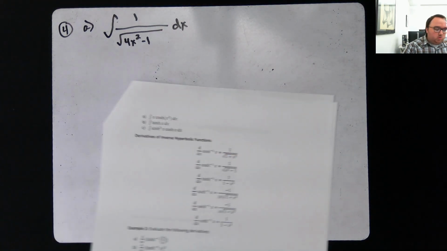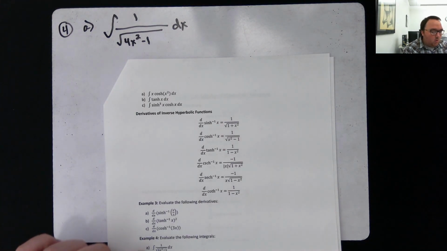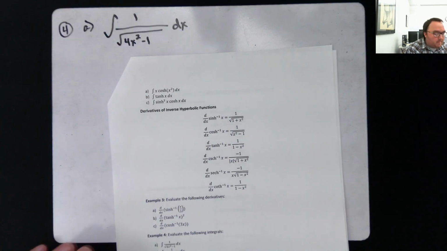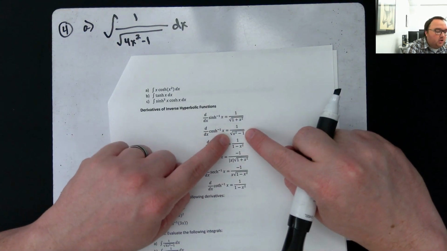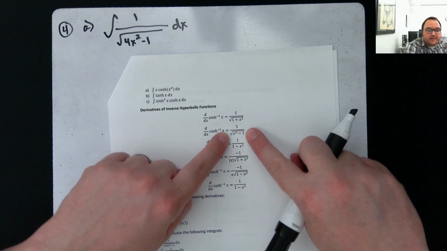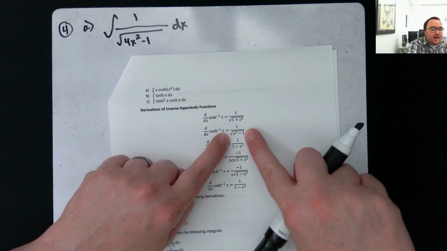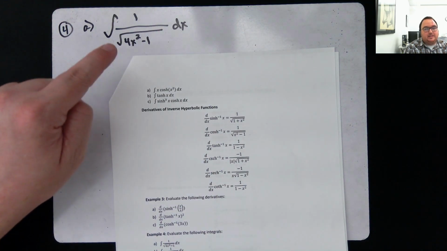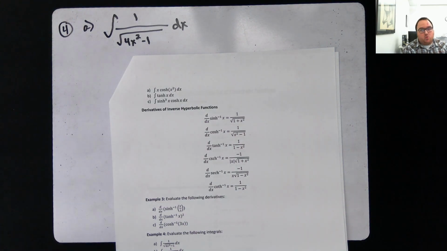So looking at our rules, 1 over the square root of something squared minus 1 is what I have, right? That looks a lot like this. The only change is that I normally only have x squared. So that's how I want this to look too, because here I have 4x squared, which I don't like.